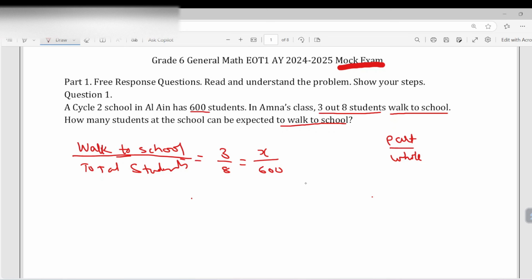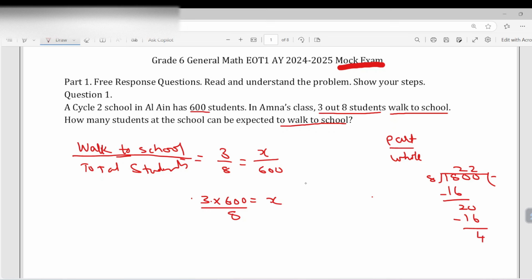Please go like this. Now cross multiply: 3 into 600 is equal to 8 times x. I am keeping it as it is. Now you have to go by this. 3 times 6 is 18, so 1800 you are dividing by 8. 8 twos are 16, minus, 2, 0. 8 twos are 16, 20.